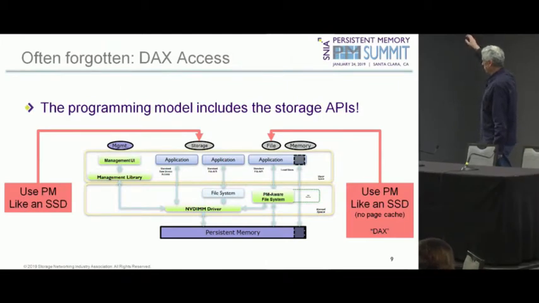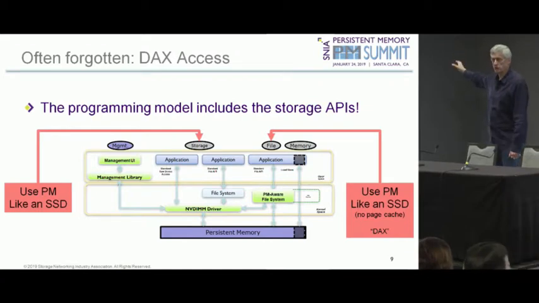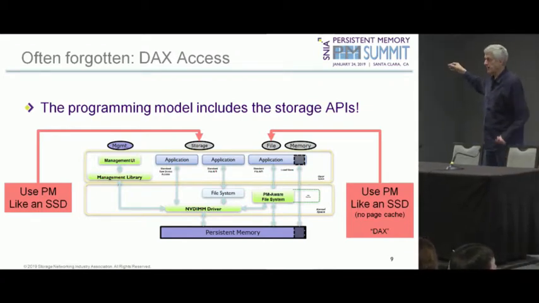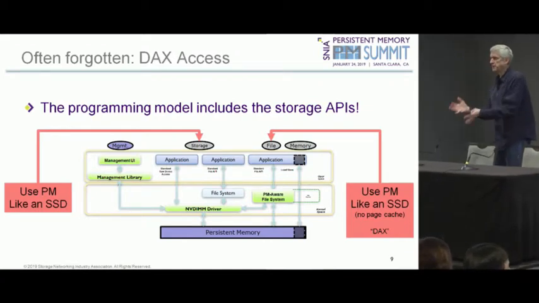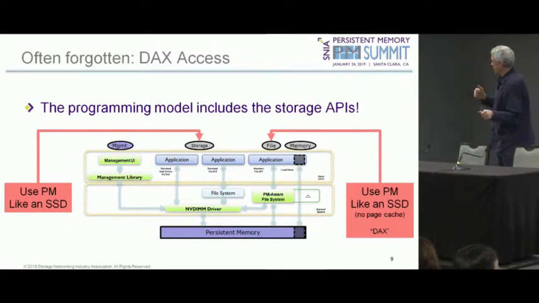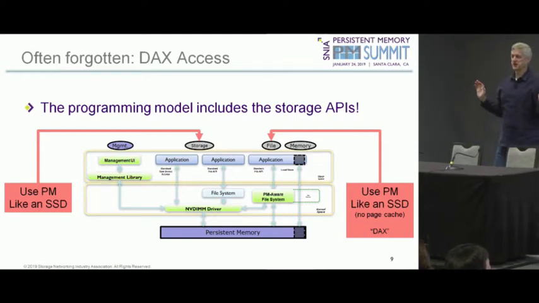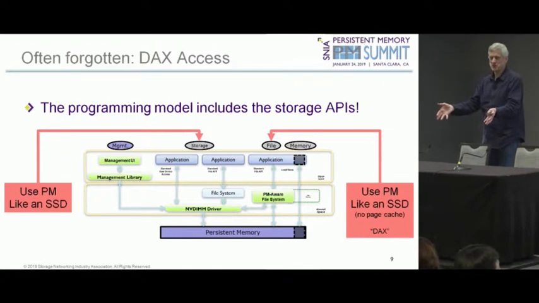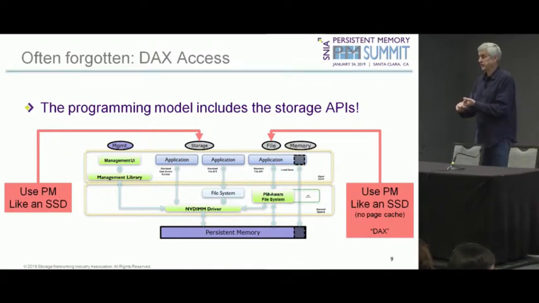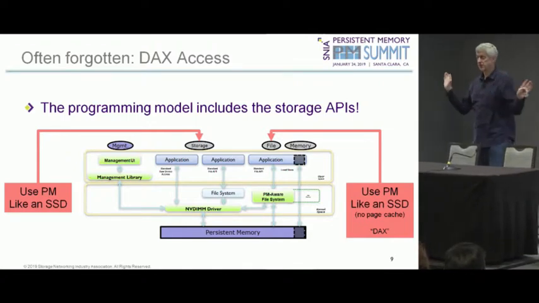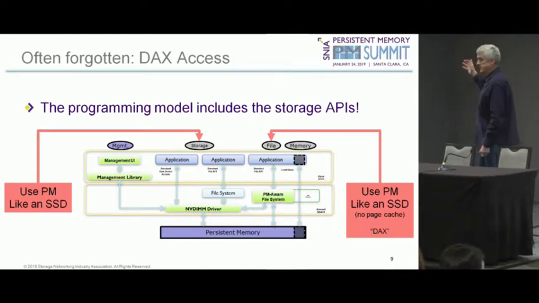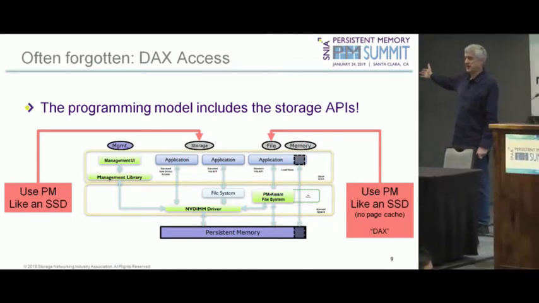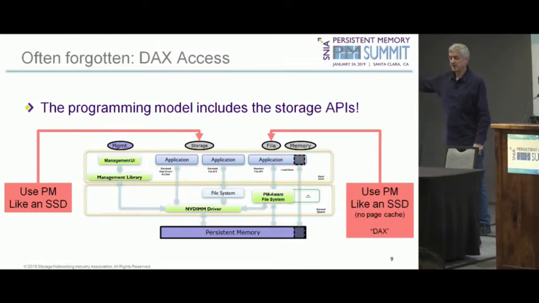So even if you want to use persistent memory for direct load store access, and you're operating on the right-hand side of that diagram, you open it up, you call mmap or MapViewOfFile on Windows, you start doing loads and stores, and you have yet to use an API that isn't standard, right? It's all still standard. When you want to flush the changes out to make sure that something's persistent, you call msync on Linux. Again, standard API. So you have yet to venture into anything that hasn't been a standard for a long time.